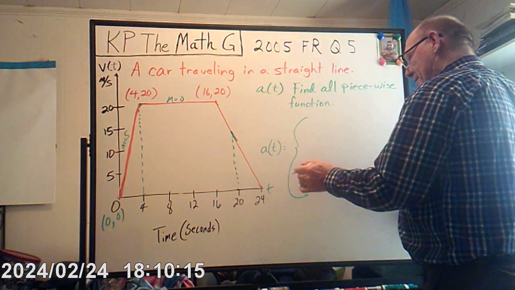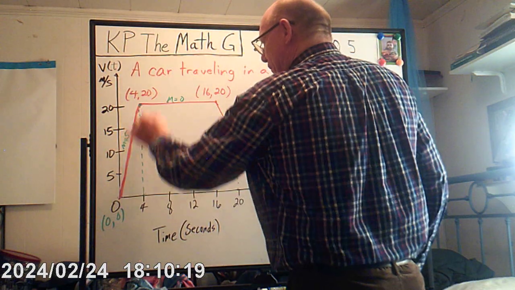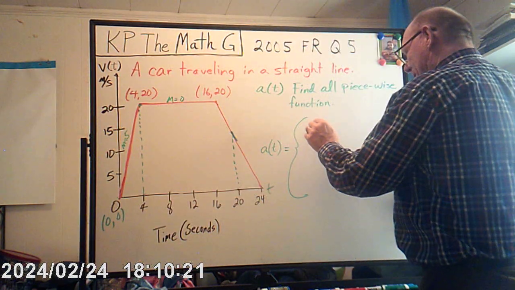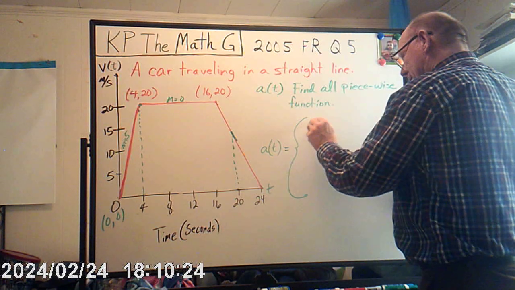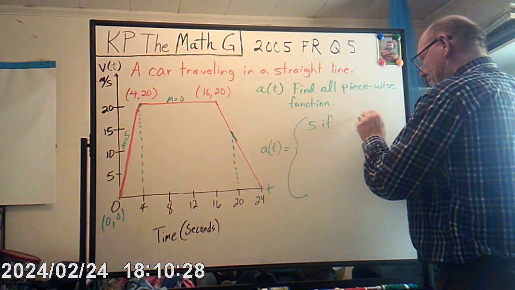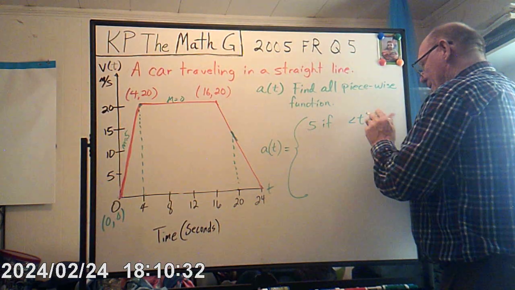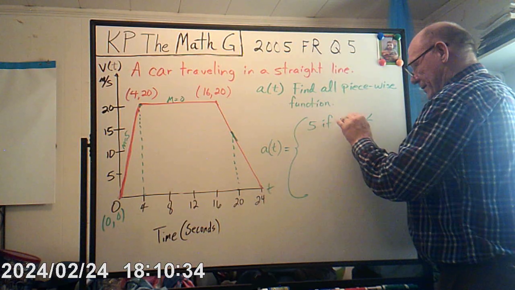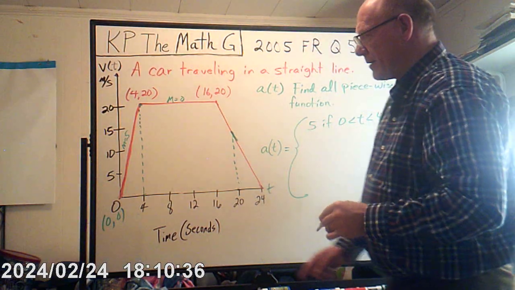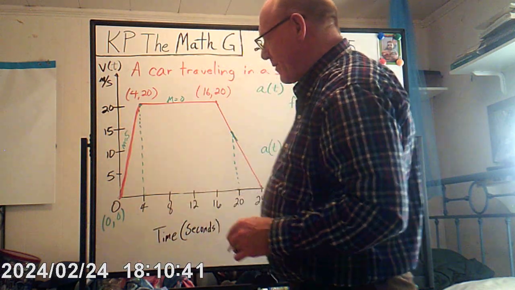Now it equals, alright, I've got this piece right here. We found that the slope is equal to 5. So it's 5 if T is between where and where? T is between 0 and 4. As long as we're between 0 and 4, we're okay there.